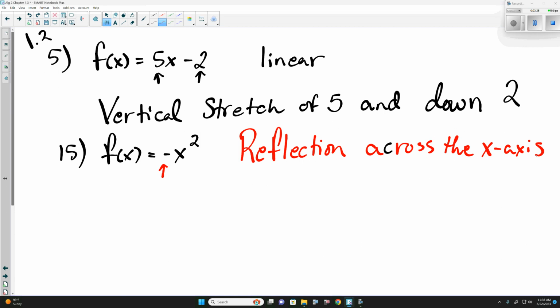For it to be across the y-axis, it would need to be inside the parentheses, like when we applied the transformations. A reflection across the x-axis is outside the function; across the y is inside. 1.2 is what we looked at for these.